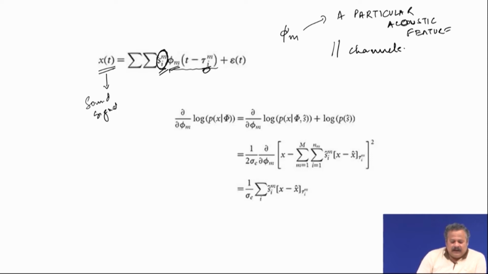If I get all the i's for all the m's, we sum them over, and that is the representation of the signal x(t). So s is simply like our activity of each unit.